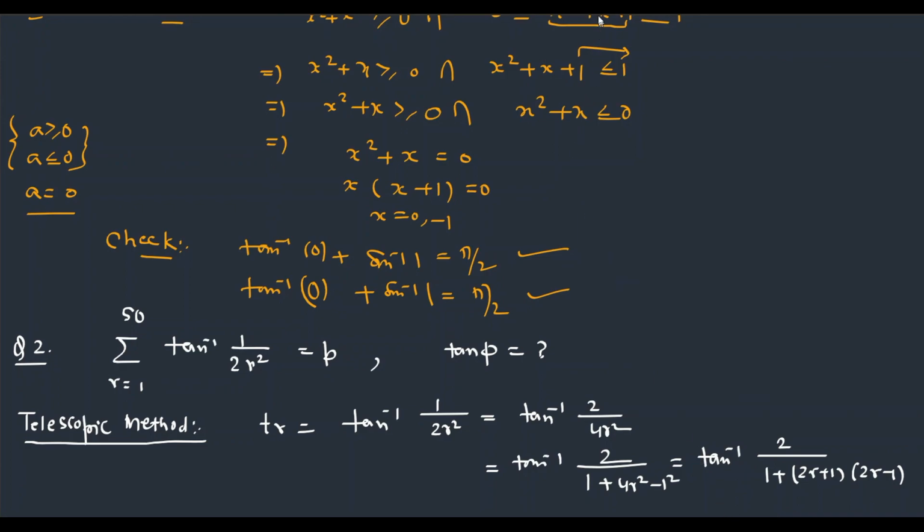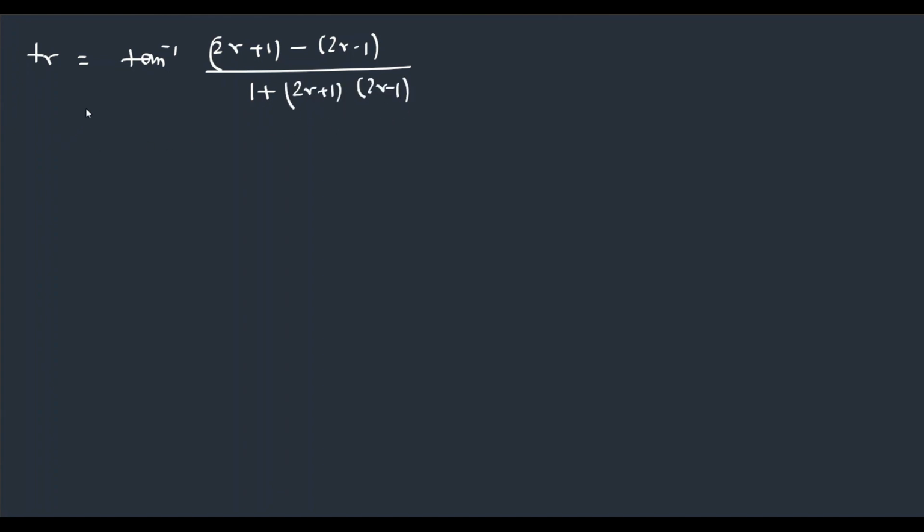Okay, now next we write the numerator. So our tr is equal to tan inverse of 2. 2 we can write as 2r plus 1 minus 2r minus 1 divided by 1 plus 2r plus 1 multiplied with 2r minus 1. So this rth term we can write as tan inverse of 2r plus 1 minus tan inverse of 2r minus 1. So this is the rth term.